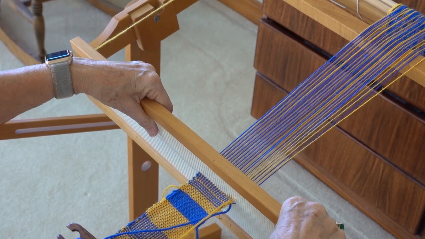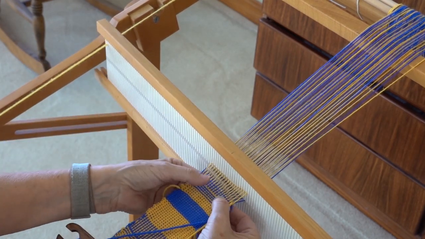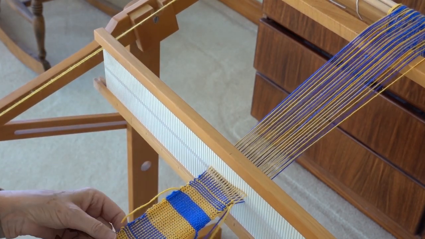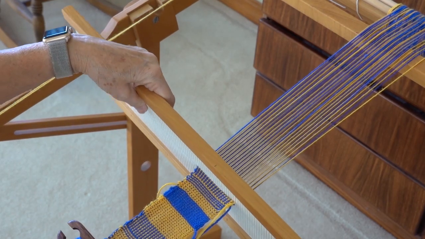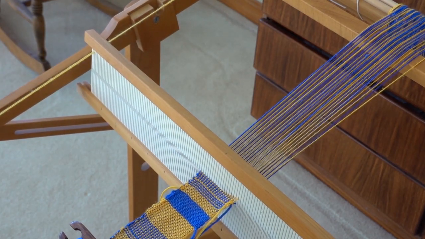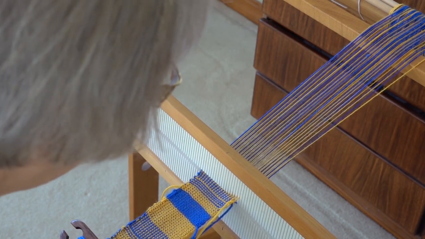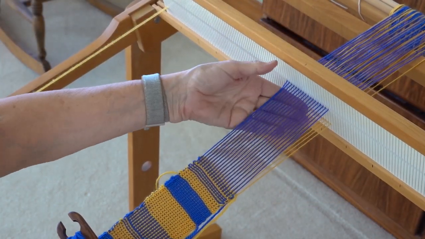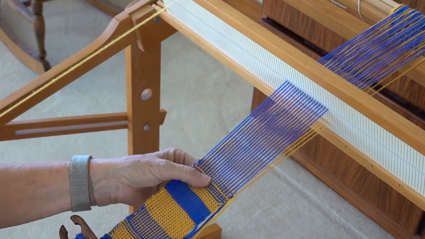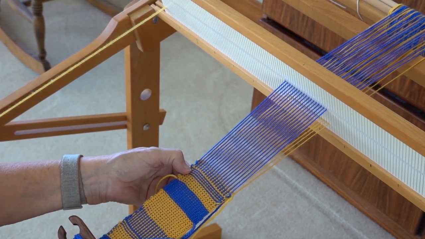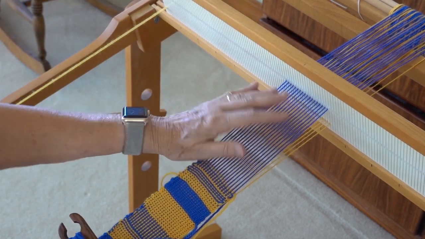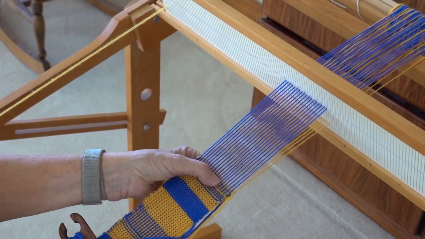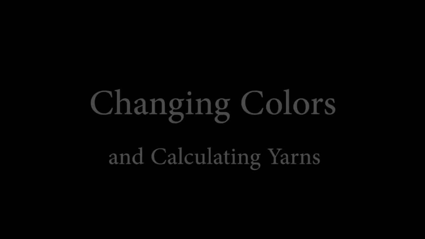Okay, so now we can take a look at this, and you can see that I'm getting vertical stripes. So when you weave the same color as the yarn that's on the top, you will get horizontal stripes. If you weave the opposite color, you get vertical stripes.